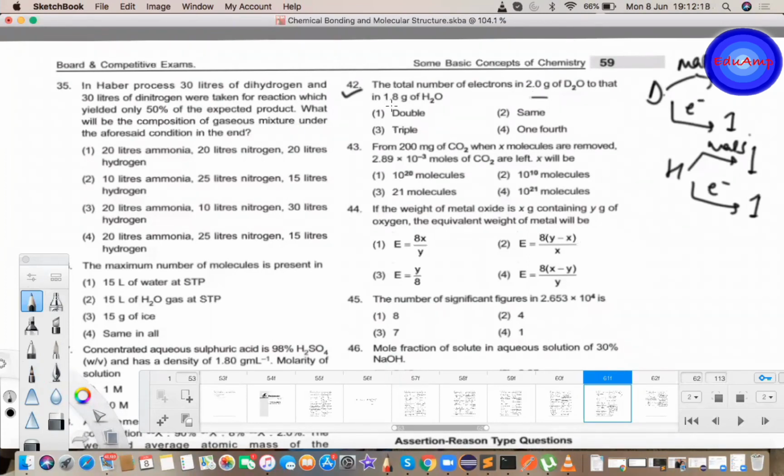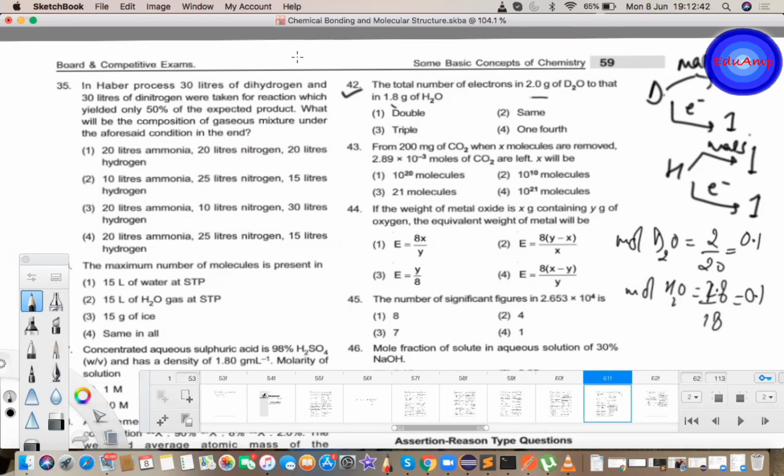So how are you going to solve? Mass is given. First calculate moles. So moles of D2O will be 2 by 20, that is 0.1. And moles of H2O will be 1.8 by 18, which is 0.1.